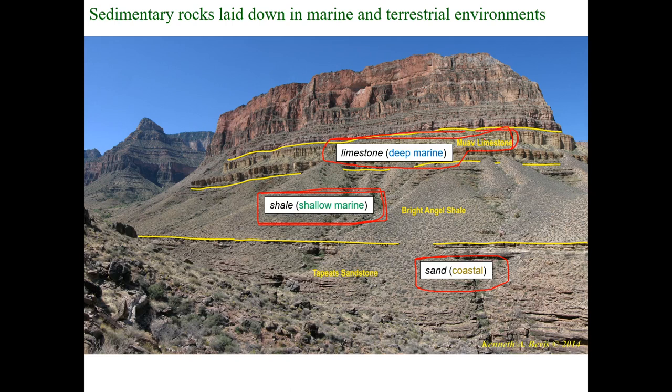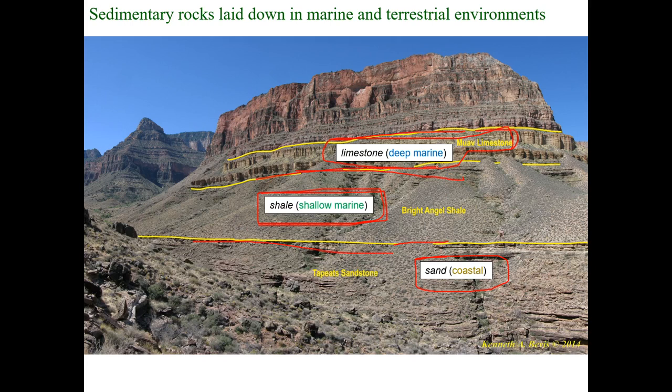So what does this mean? Well, you see that sandstone is on the bottom. It represents a coastal environment. Now in the same place, eventually it became shallow marine, and that's on top. Sediments are laid down layer by layer, the oldest layers on the bottom and the more recent layers on top.